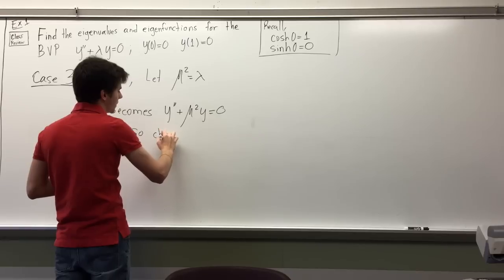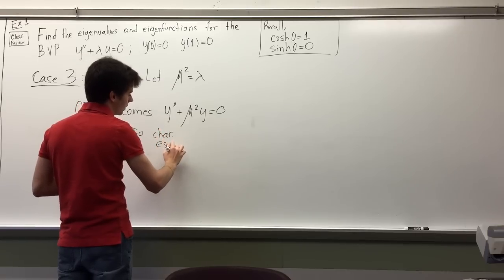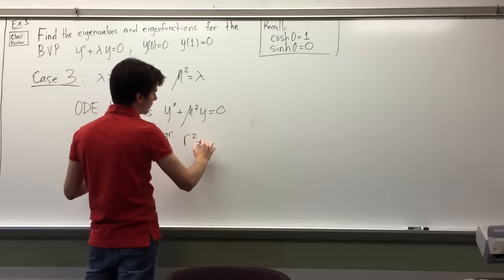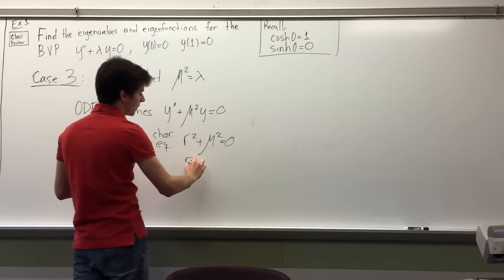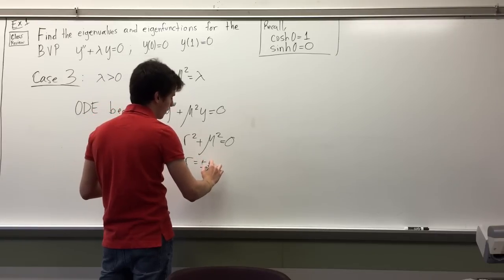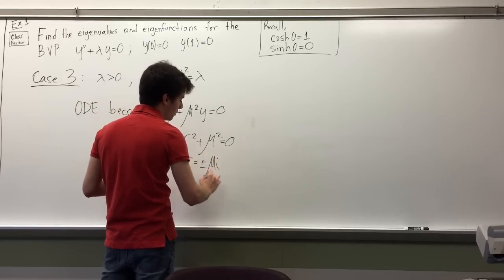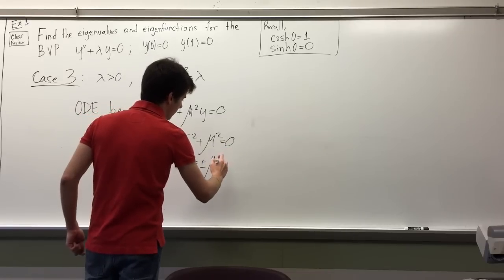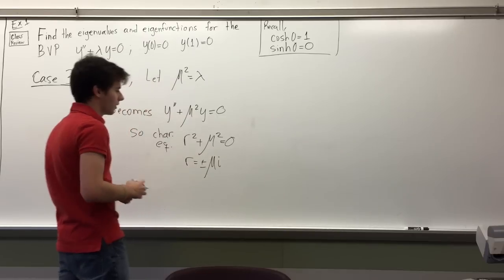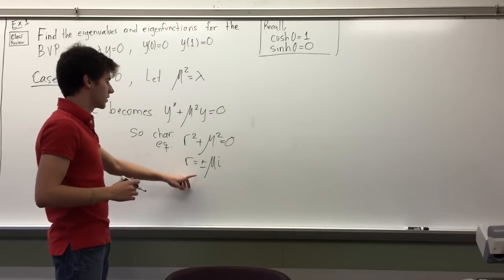So our characteristic equation is r squared plus mu squared is equal to 0. Solving for r, we have r equal plus or minus mu i, where i is the imaginary number.